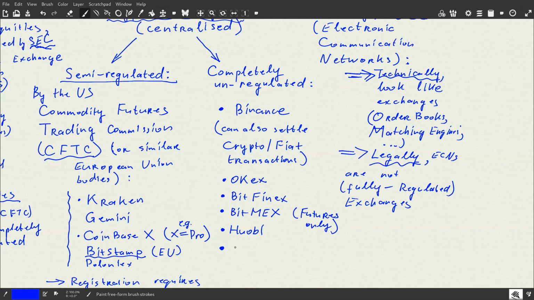Maybe some others, for example, FTX. Maybe something else, but for the moment, let's say Binance, OKEX, Bitfinex, BitMEX, Huobi, FTX. So we have a number of regulated and completely unregulated, but still reliable, I would say, crypto exchanges.